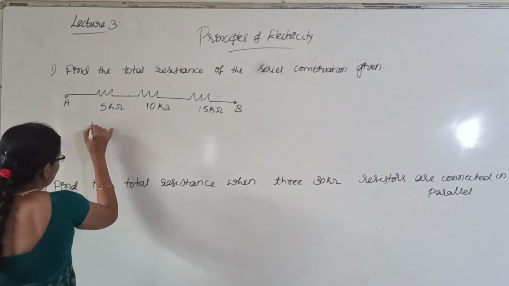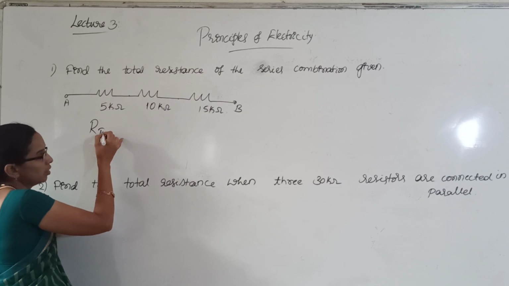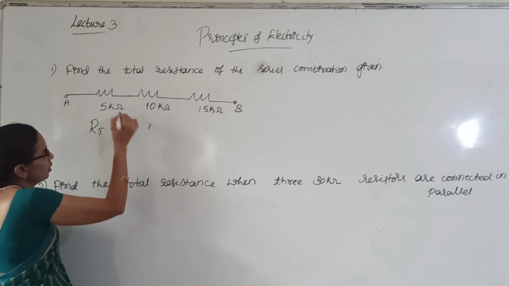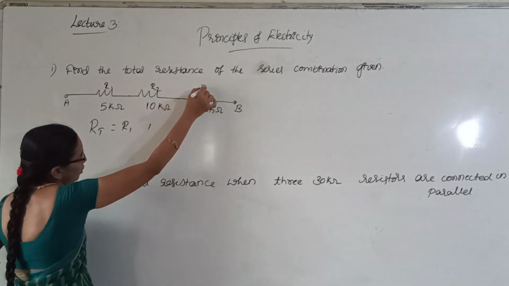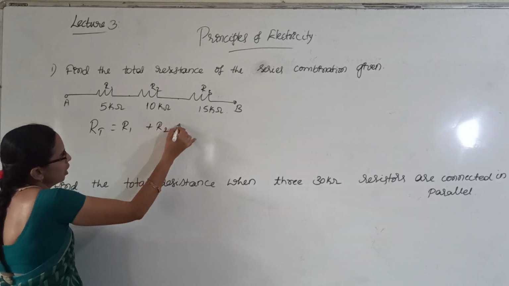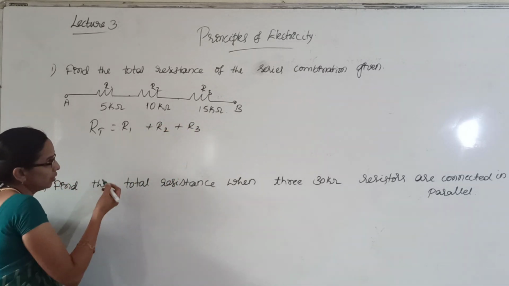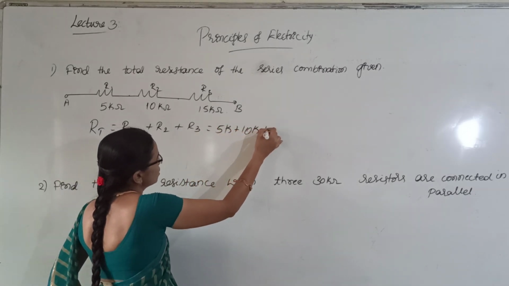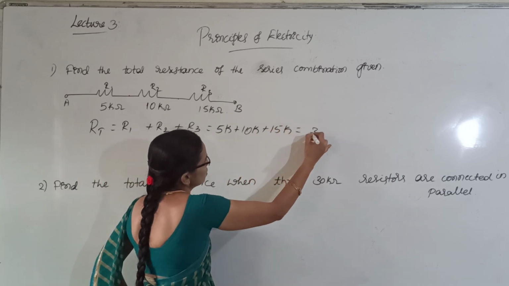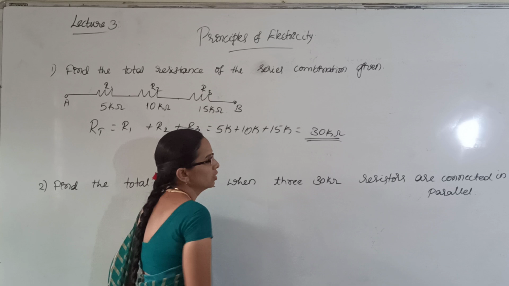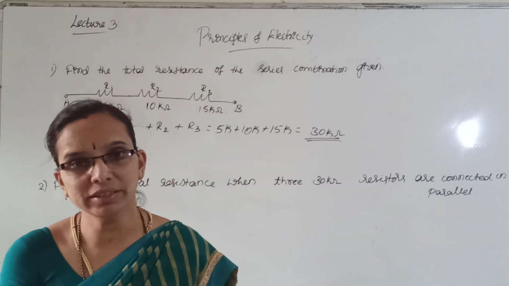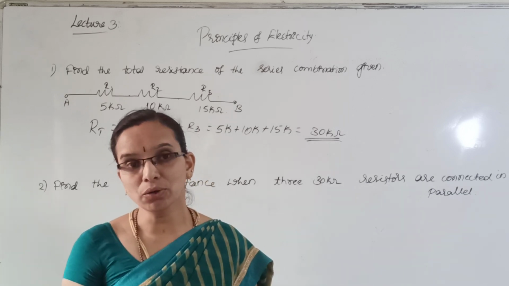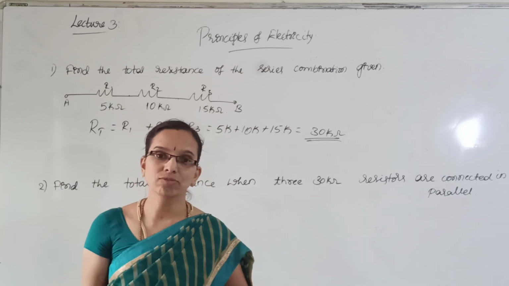So we know that total resistance or effective resistance RS is equal to R1, I will call this R1, R2 and R3, R1 plus R2 plus R3, or simply you can add up those resistors, then 5 kilo plus 10 kilo plus 15 kilo, that is 30 kilo. It is very important to put the unit as you do in physics. So after calculating, 30 kilo ohm you should write, then only you will get full marks.